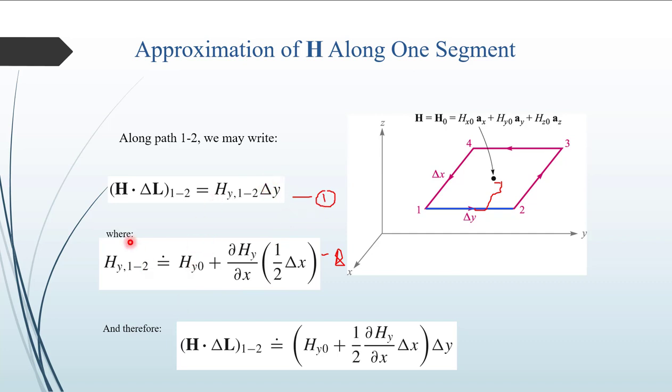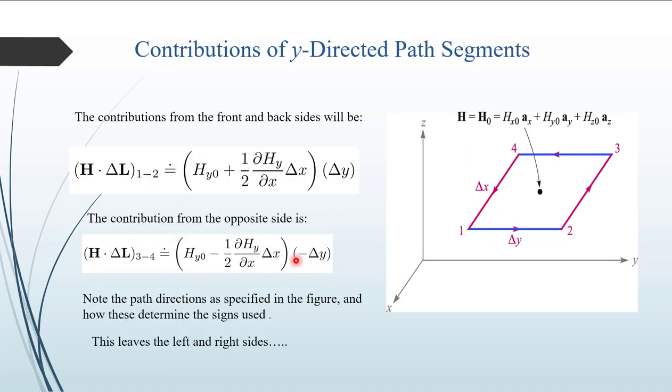Similarly, we are going to apply this kind of evaluation to each and every length or each and every part of this total filament. So consider the similar part from 3 to 4.